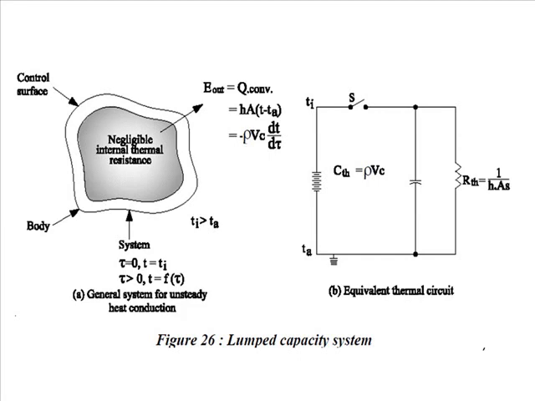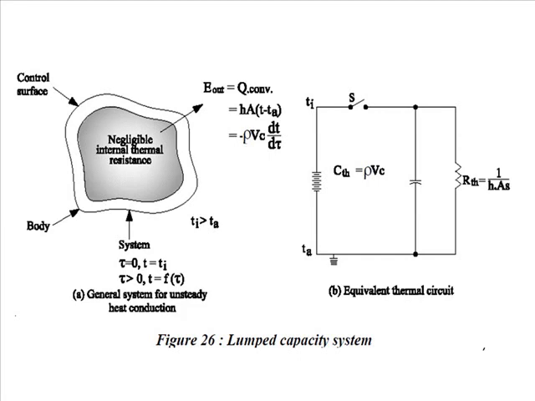You can see the control surface, and in this system you will observe Ti, the initial temperature of the body, and Ta, the surrounding temperature, and definitely Ti is much higher than Ta, that is, the internal temperature is higher than the surrounding temperature.